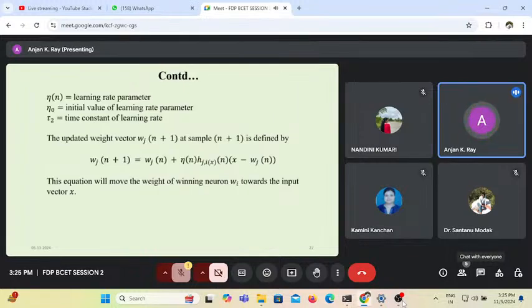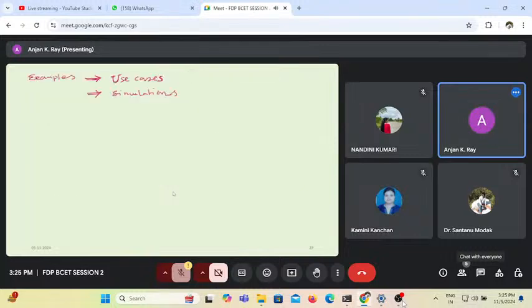The final update is that the jth neuron's weight at the n plus 1th sample will be the previous weight plus this learning rate, this neighborhood function, and the distance from the input to its respective weight. So this is the total learning scheme for the self-organizing map.